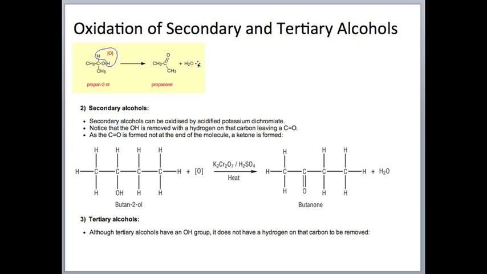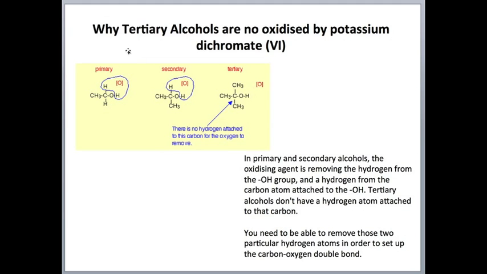Tertiary alcohols, although they have an OH group, do not oxidize. Let's look on the next slide at why this is. Why do tertiary alcohols not undergo oxidation by potassium dichromate? If we compare primary, secondary and tertiary, we can see that in primary alcohols the oxidizing agent is removing the hydrogen from the OH group and the hydrogen from the carbon which is carrying the OH group.